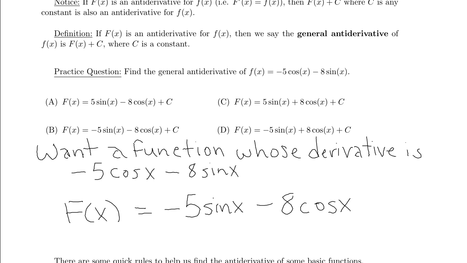So we actually want to have +8 cosine of x here, because that derivative will already include the negative in it. So we don't need to put the negative into our antiderivative. Last step is to put our plus c, because we know if we add any constant to this, it's still going to have the same derivative. So that ends up being option D as our answer.